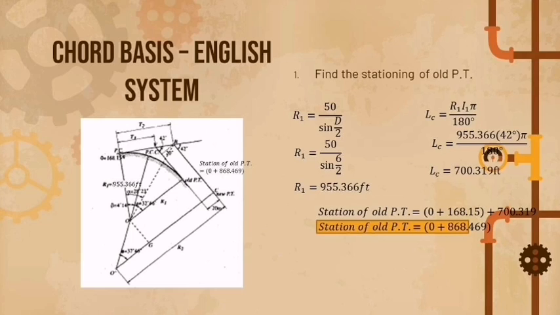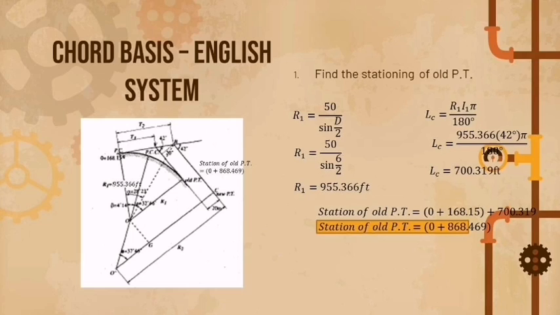So for the LC, again, the formula is radius 1, the angle of intersection or the I, pi over 180. Again, substitute the value. After substituting, compute, and we will get the answer of 700.319 feet.